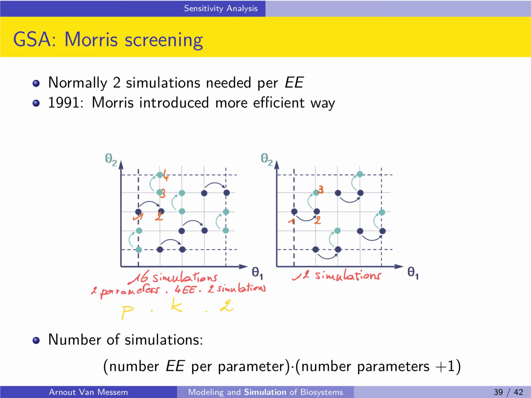This value of 12 is obtained as being 3 simulations per set of 2 elementary effects times the number of elementary effects per parameter. In general, this corresponds to p plus 1, the number of parameters plus 1, times the number of levels that we have defined. In our very simple example, we see that there is a reduction from 16 to 12, so already 25% fewer simulations, and the effect becomes more important if the dimension or the number of parameters increases.